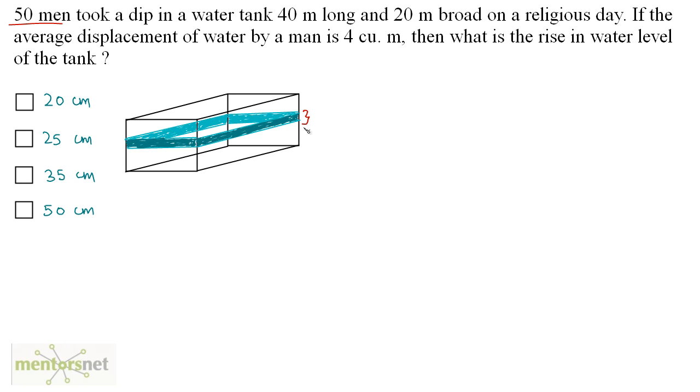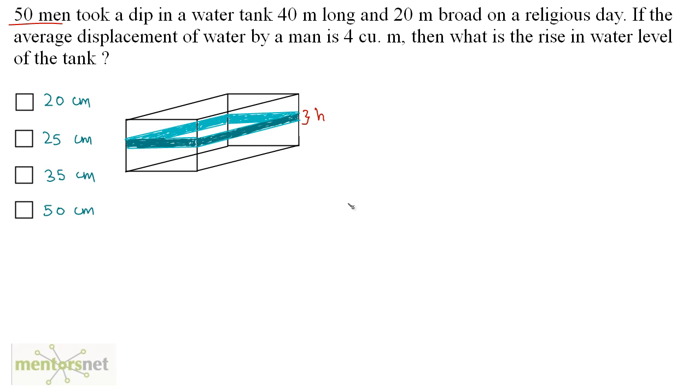Let us say that the height of water that rose is h. Now we can get this height by calculating the volume of water that is displaced. In other words, we have to calculate the volume of this shaded cuboid.